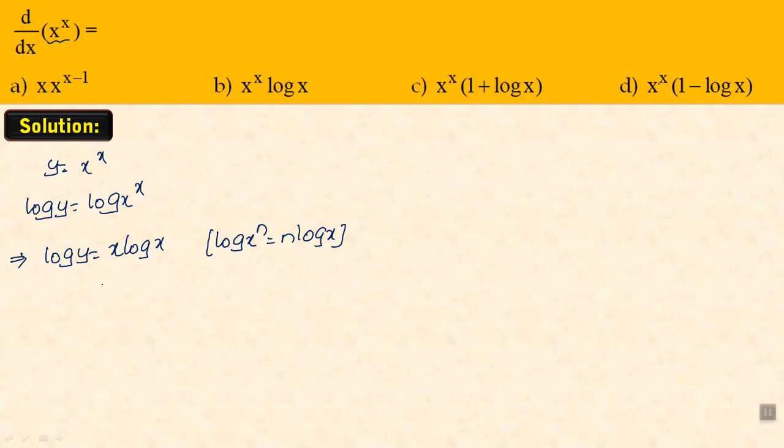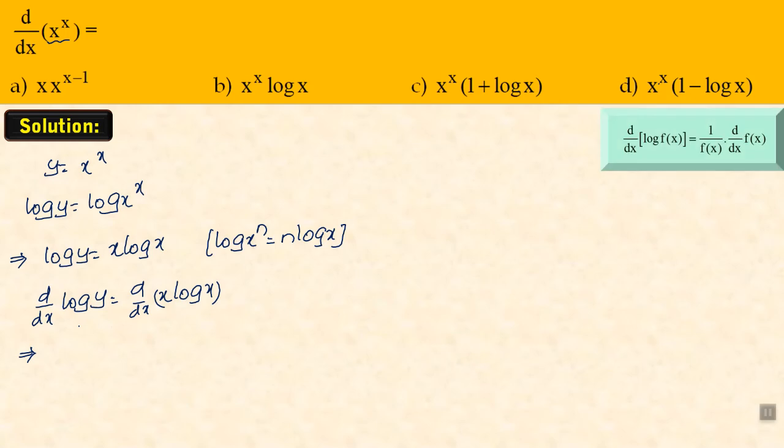Now differentiating with respect to x on both sides, we get d by dx of log y is equals to d by dx of x into log x. This implies, we know that d by dx of log f of x is equals to 1 by f of x, that is 1 by y, into d by dx of f of x, that is y, is equals to, here consider x as u, log x as v. Now it is in the form of uv.